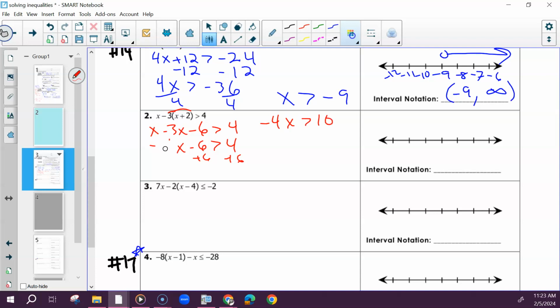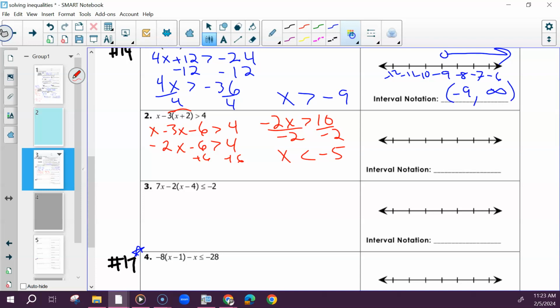Oh, this isn't 4. This is 2. Minus. When we divide, is the sign going to change? Yes. So x is now less than negative 5.